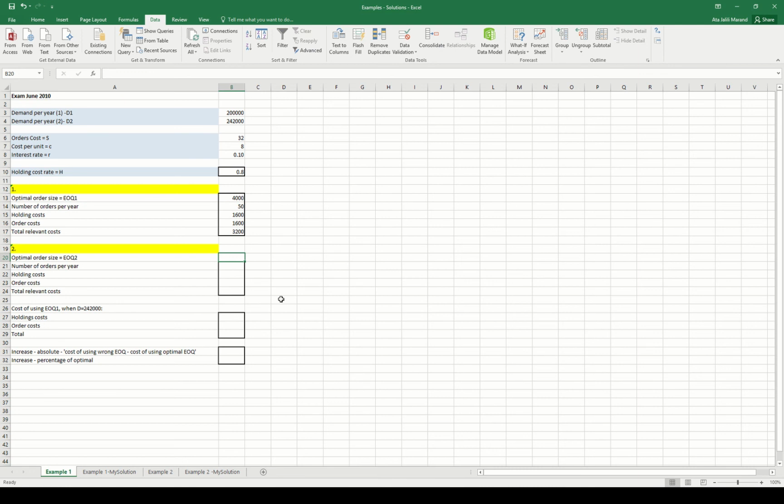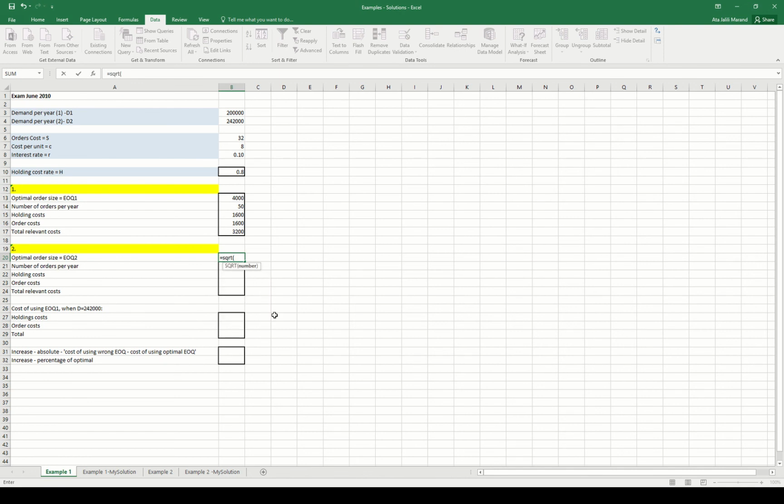In the second part of this example, we need to do the same calculations, but for another demand scenario, in which we have a yearly demand equal to 242,000. So again, I will do a calculation for EOQ first.